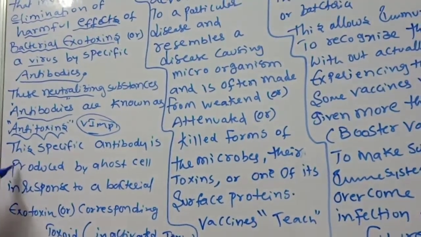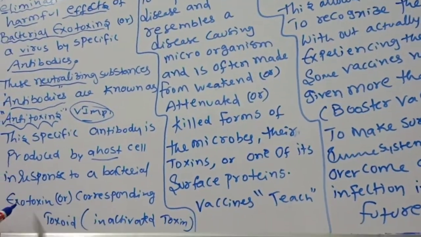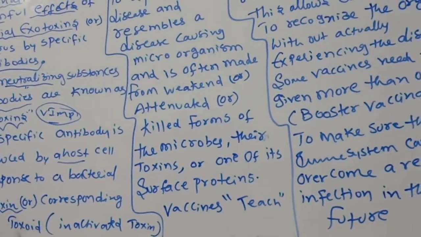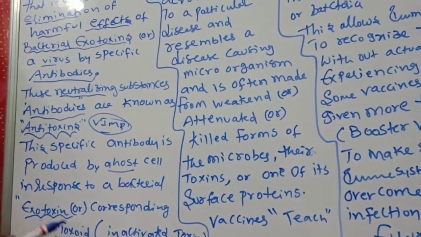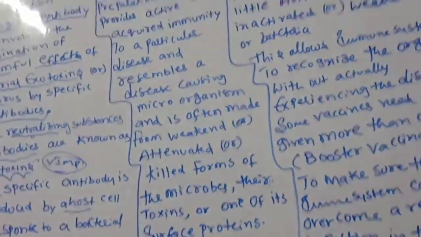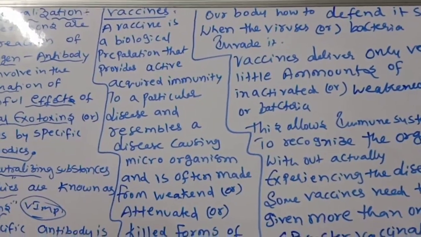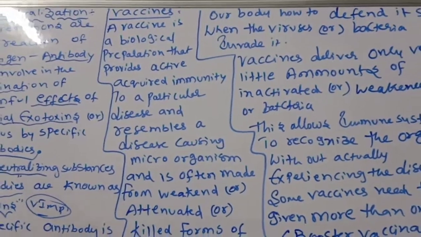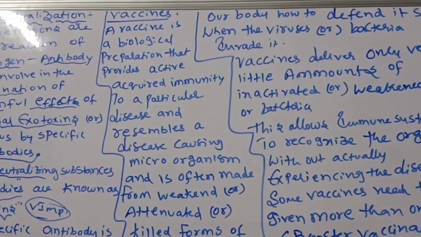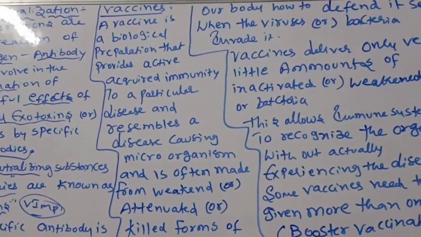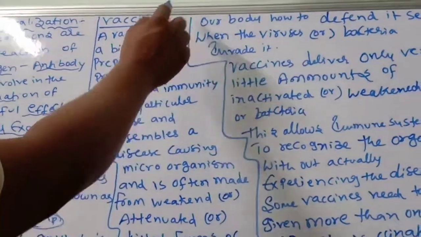This specific antibody is produced by a host cell in response to a bacterial exotoxin or the corresponding toxoid, which is an inactivated toxin. Next, vaccine.